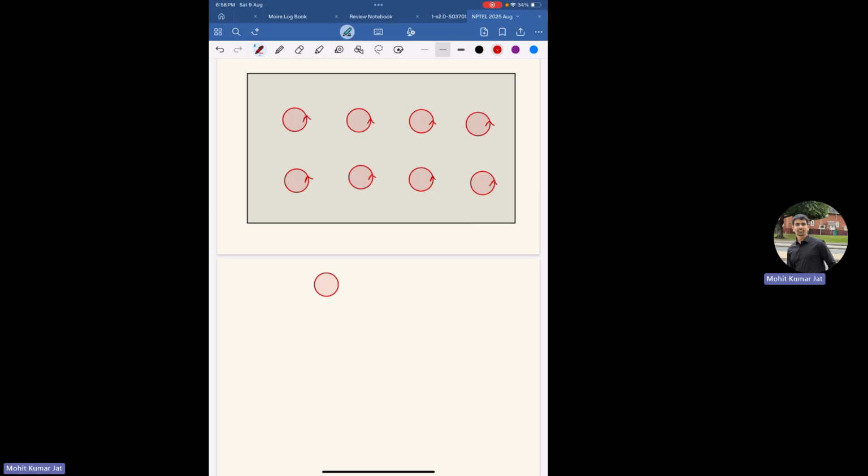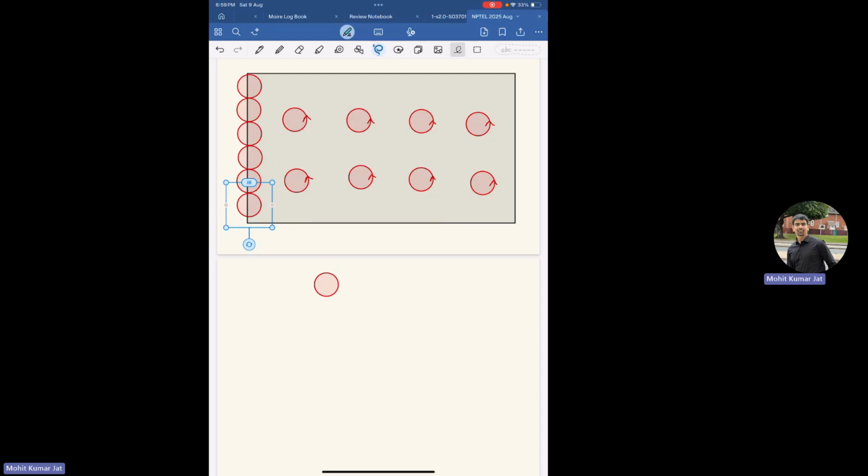But there is something funny which happens near the edge. If you see the picture which you have drawn and extend it to the edge of the sample, it will be something like this, right?